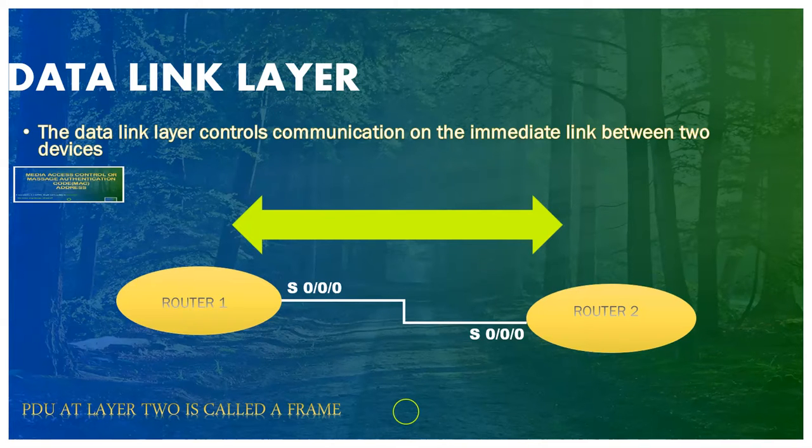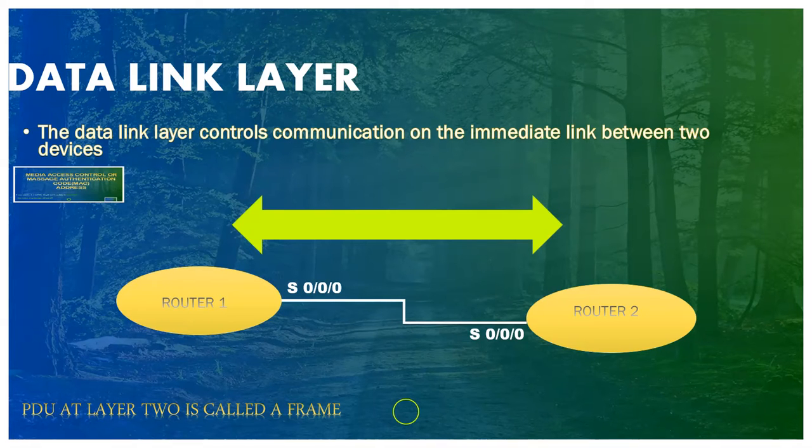Now, if you want to think about the structure of data at layer 1, and if I ask you the question, what does the data at layer 1 look like? Your answer should be, data at layer 1 is simply electrical signal or changes in voltage. Now at layer 2, the data has been put into a set structure.